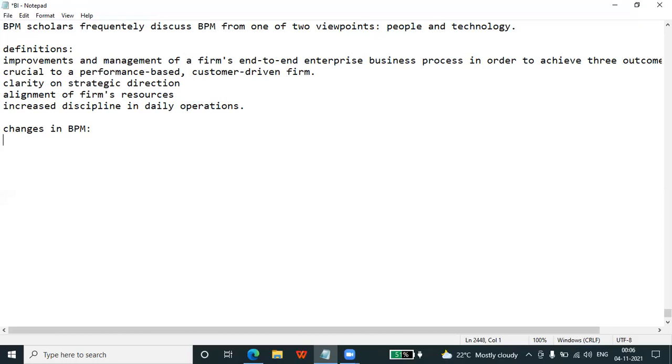Although business process management initially focused on the automation of business processes with the use of information technology, it has been extended to integrate human-driven processes in which human interaction takes place in series or parallel with the use of technology.